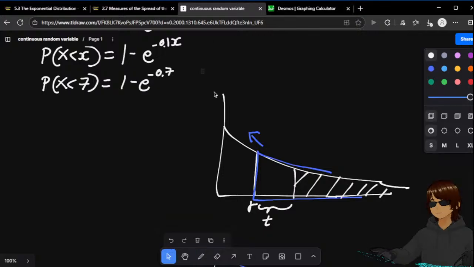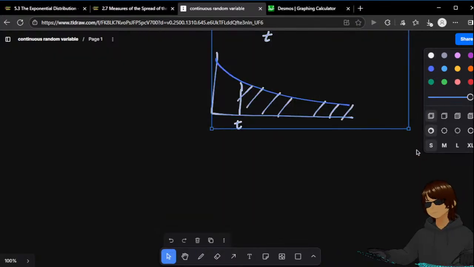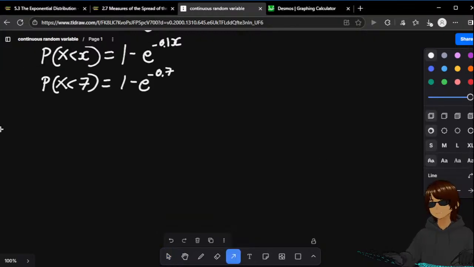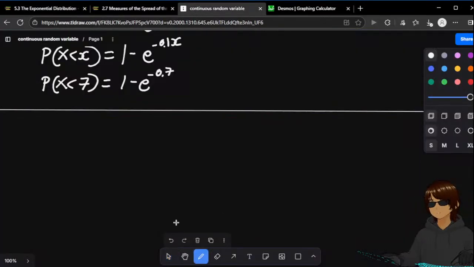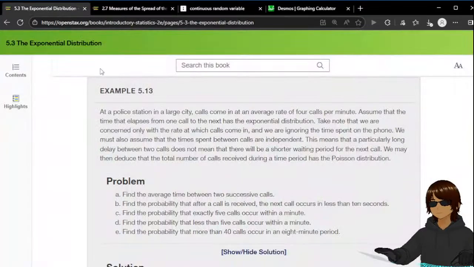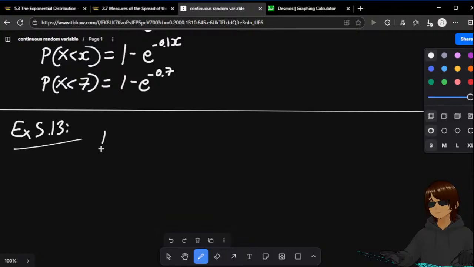So the probability density function is m times e to the power of minus mx.